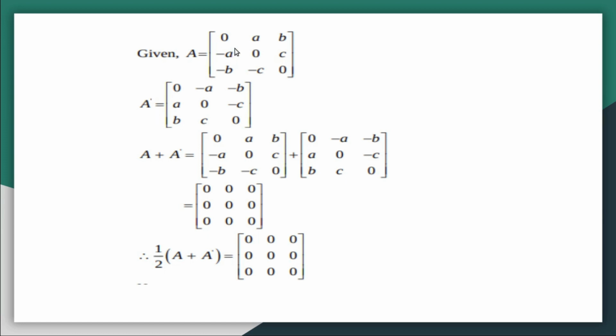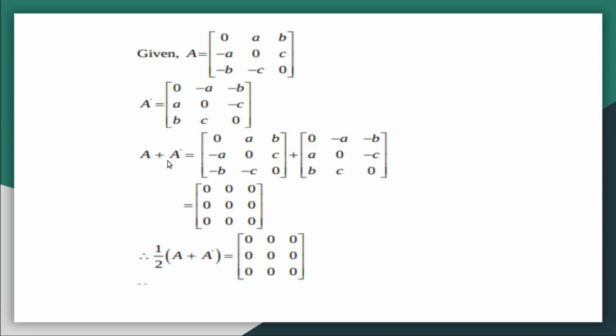A transpose: write first row as first column of A transpose. So first column is 0 a b, second column minus a 0 c, third column minus b minus c 0. So this is our A transpose.